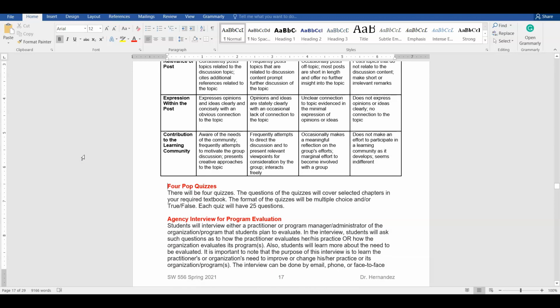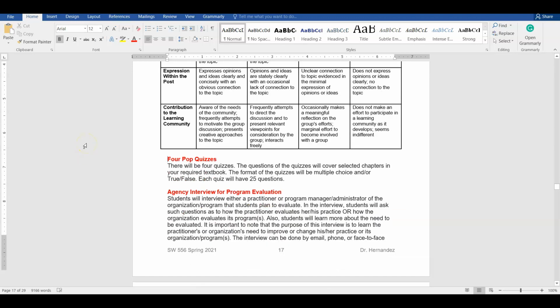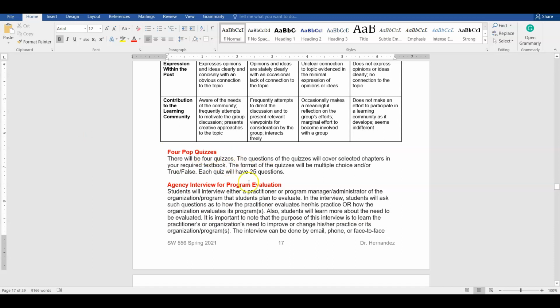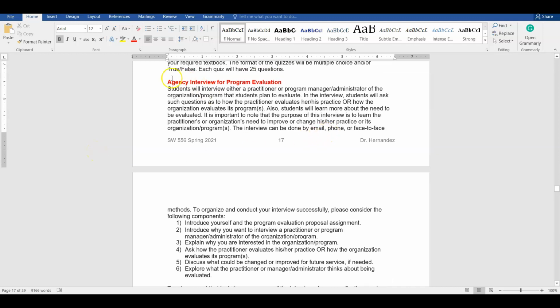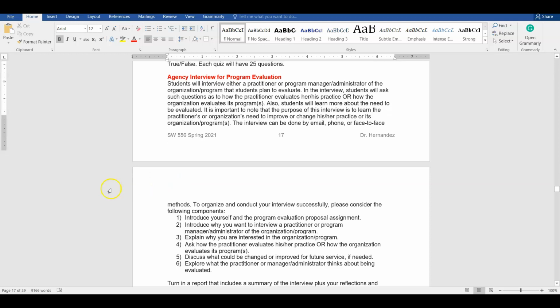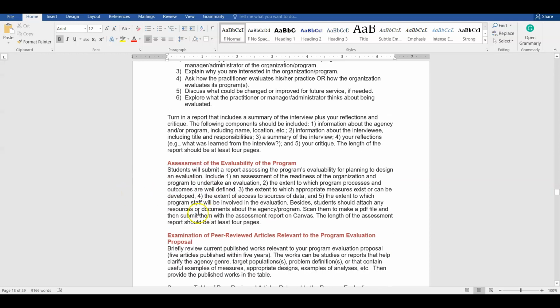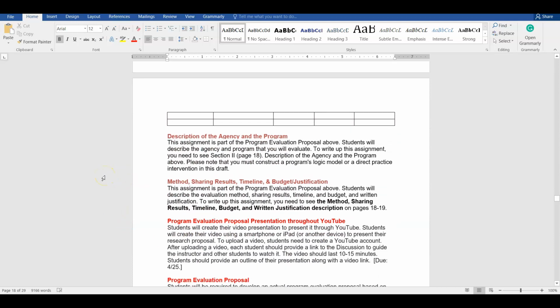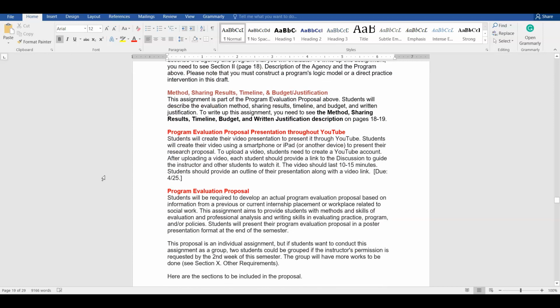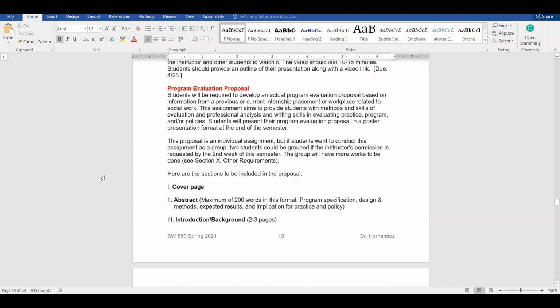So, quizzes, and about that agency, here's where the explanation for every single one of those assignments is, on page 17, the agency interview for a program. I even give you a sort of template here. And here are the instructions or description.